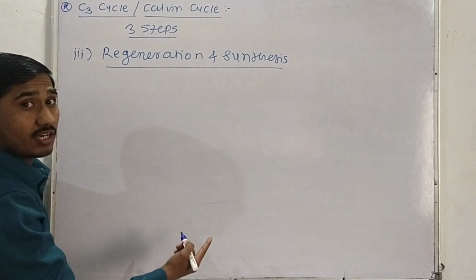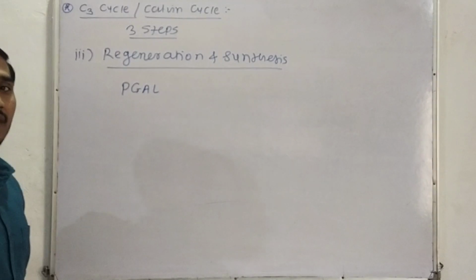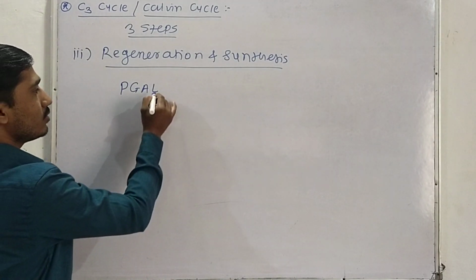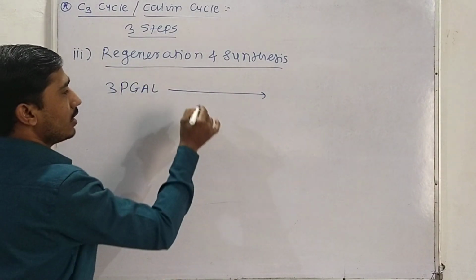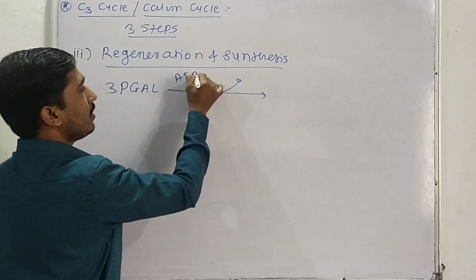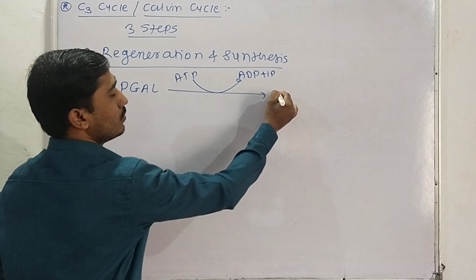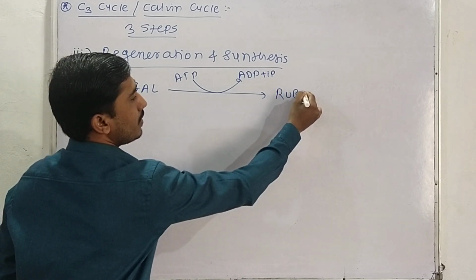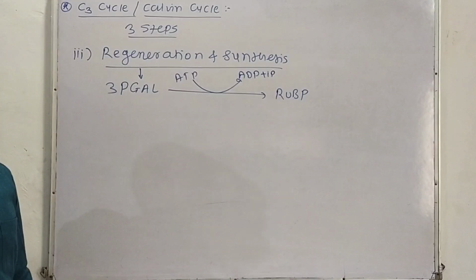At the end of the reduction process, we have PGAL. This 3-PGAL, by using ATP, will produce RuBP. This is called regeneration.